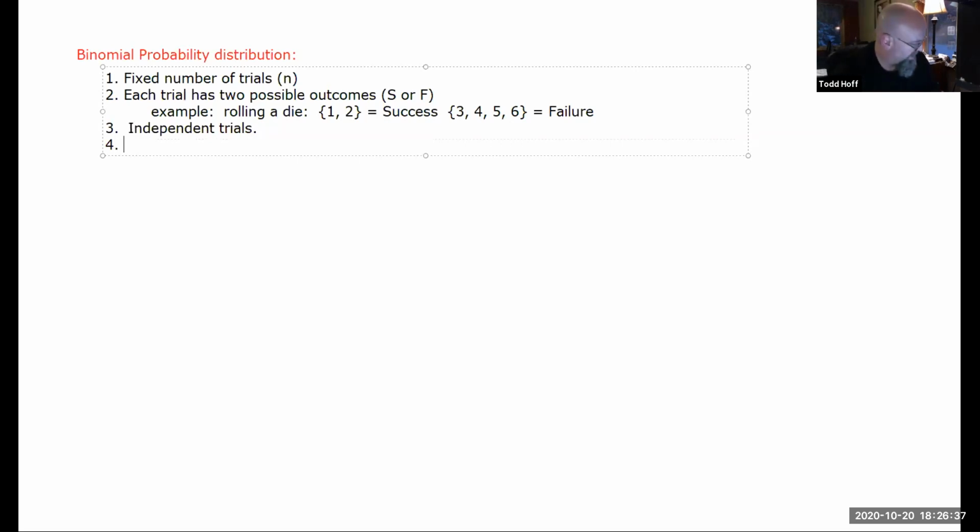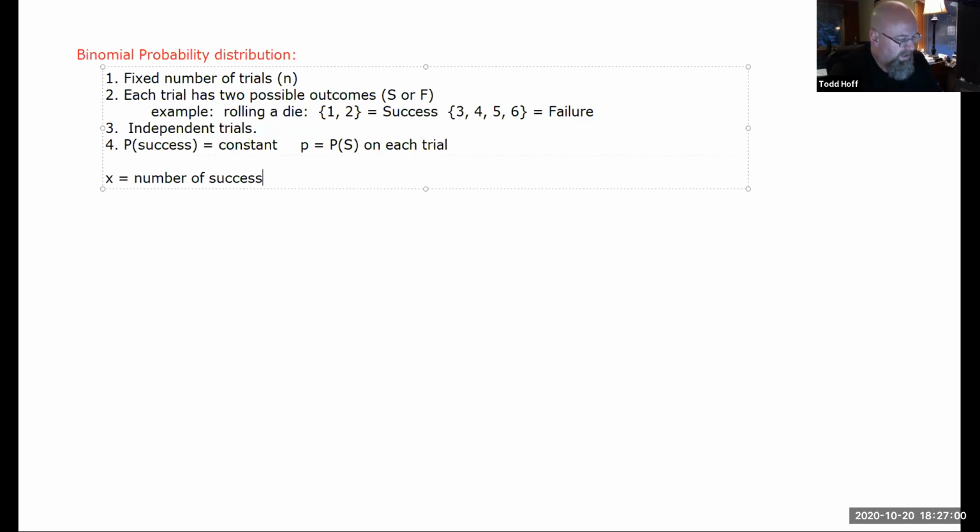Because of that, probability of success is a constant. We refer to that as P, the probability of success on each individual trial. So X equals the number of successes out of those n trials.